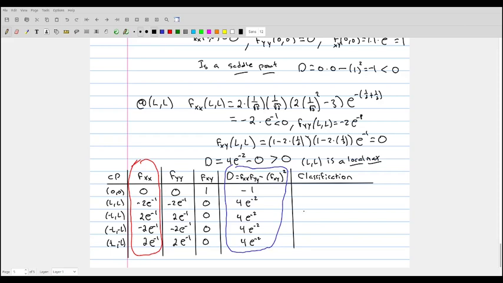And from our second derivative test, the discriminant is negative here, so this is a saddle point. It's negative here and positive here, so this is a local max. It's positive here and positive here, so this is a local min. It's negative here and positive here, so this is a local max. And lastly, it's positive here and positive here, so this is a local min.